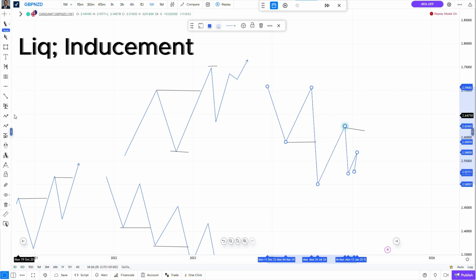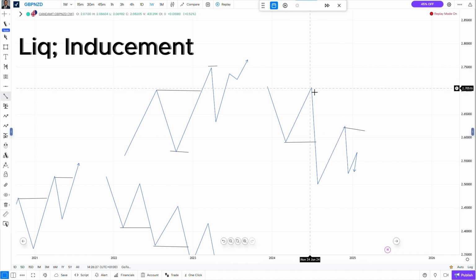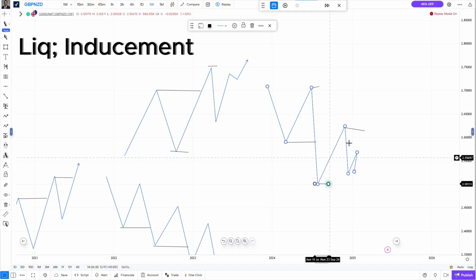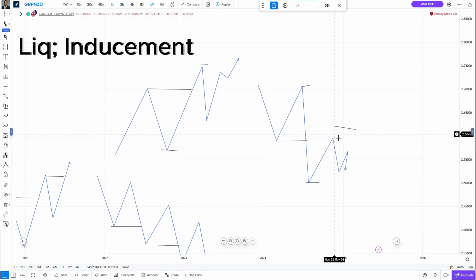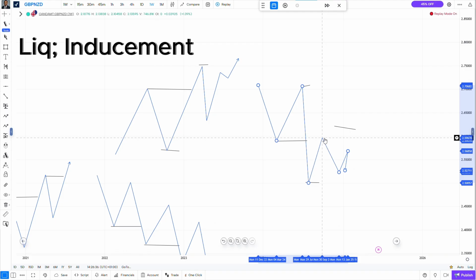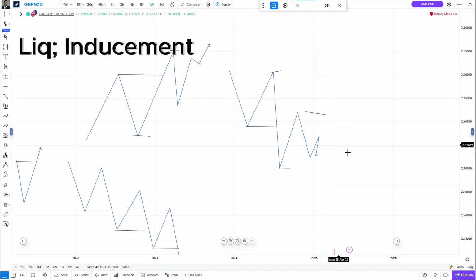That means from this high to this low, the pullback must at least be 50% of that range, if not close to 50% or even more than 50%. That's what I take as my inducement.